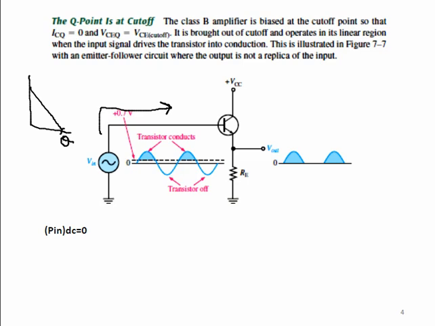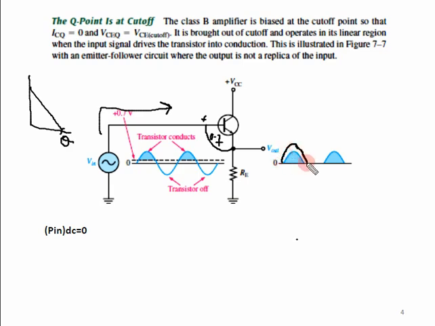The input signal is going to forward bias this junction, which is your VBE. The moment the input signal has a value greater than this junction voltage of 0.7, the base-emitter junction is forward biased, and you have conduction at the output.